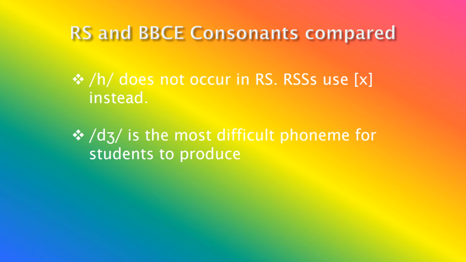The voiced palatal-alveolar affricate is the most difficult phoneme for students to produce, and we have to work hard at it, but we are going to discuss that in future videos.